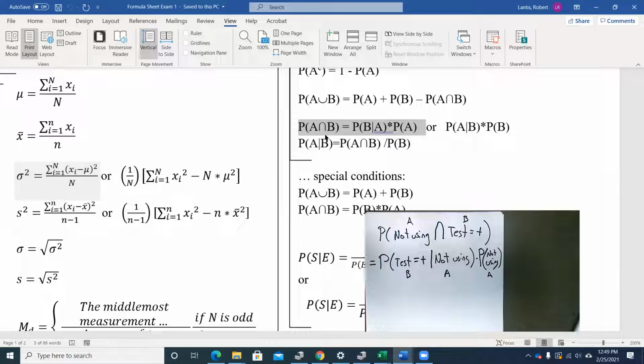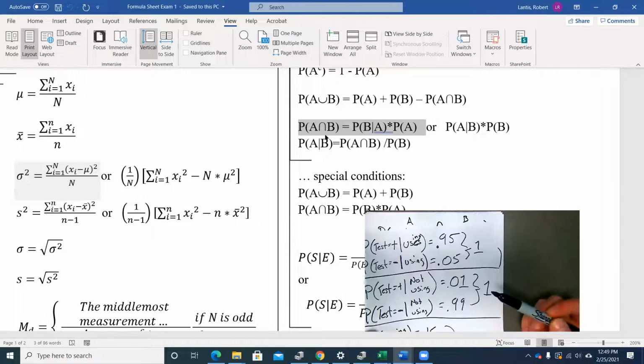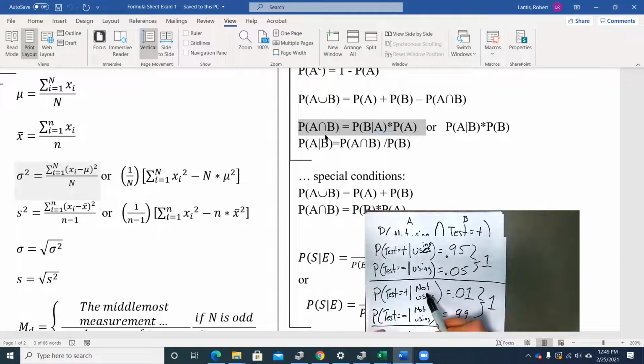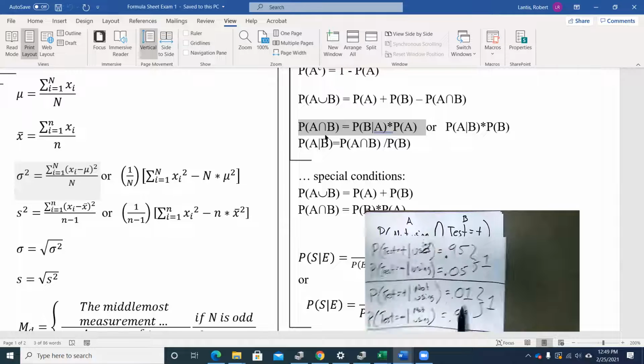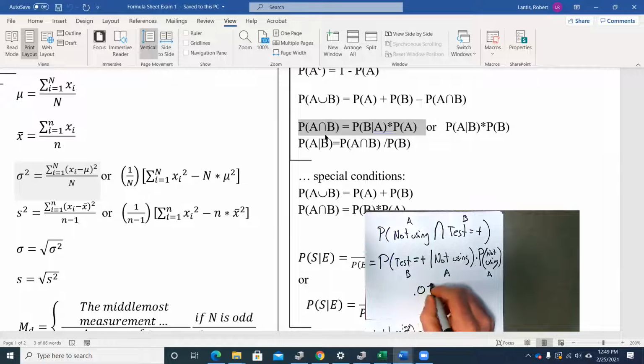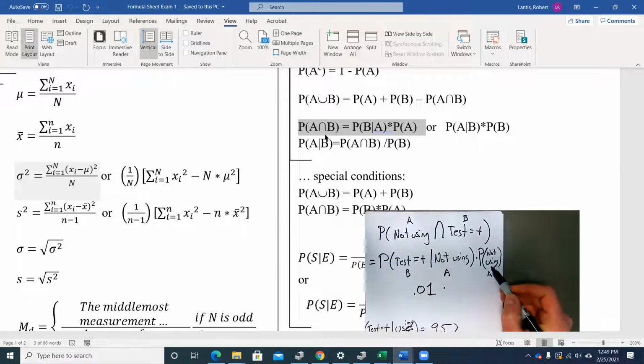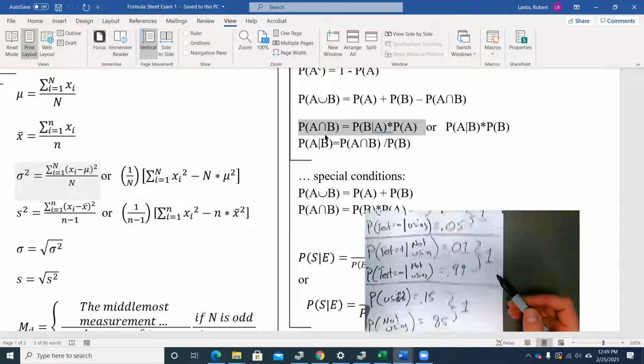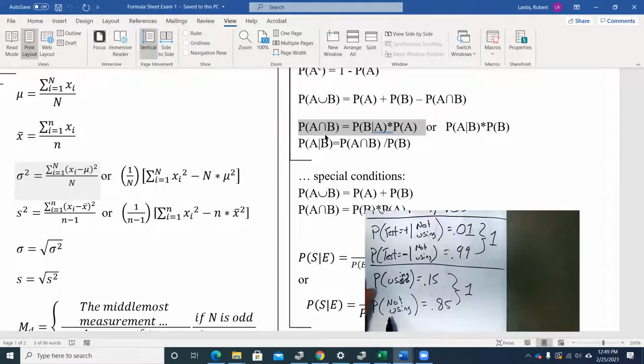And at this point, once we have it written down, we just go back. What's the probability that the test comes back positive, given that they're not using? That we had was 0.01. And then what's the probability they're not using? We look here, oh, it's all the way down here. The probability they're not using was 0.85.